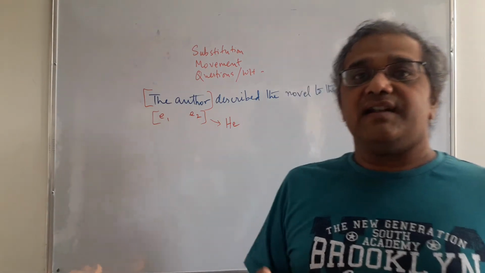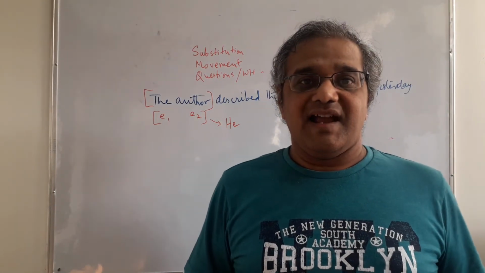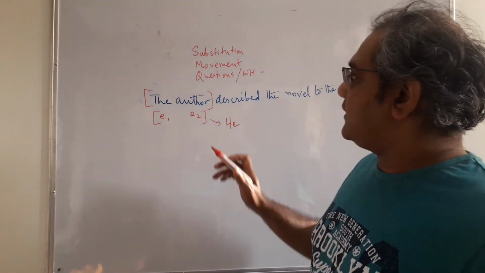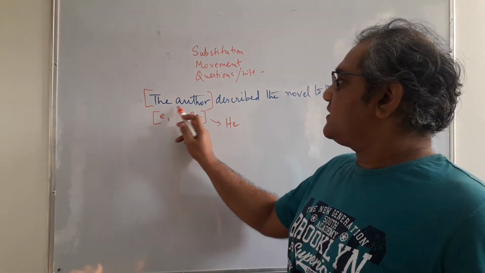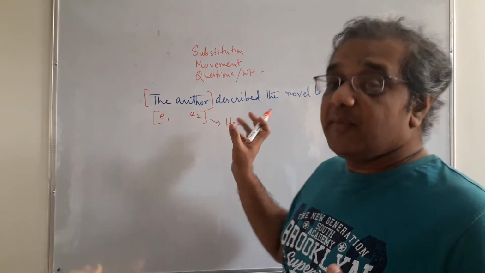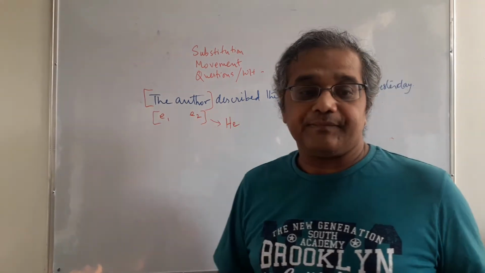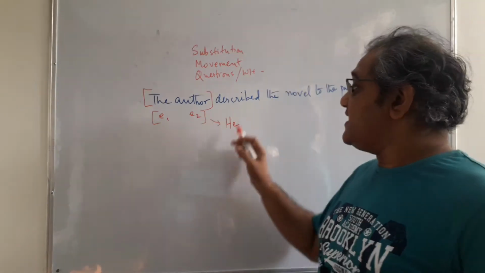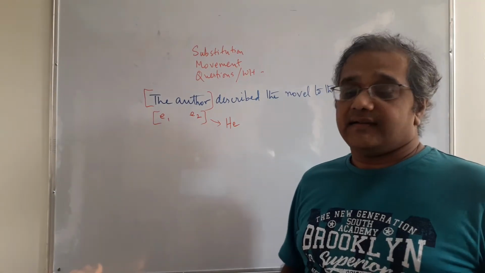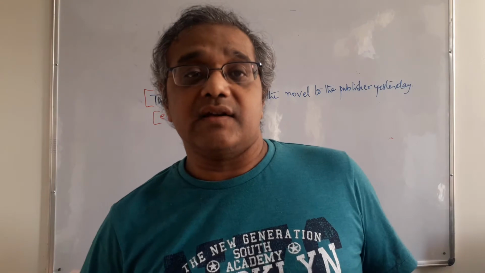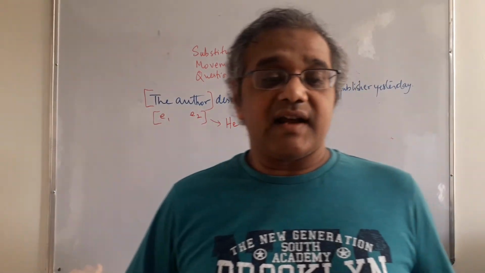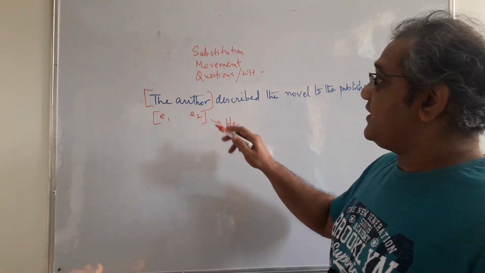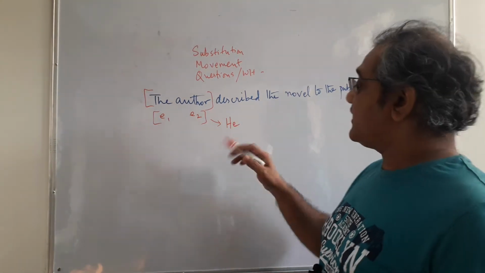It's perfectly understandable, perfectly grammatical and acceptable. Therefore we will say that this constituent, the E1, E2 combination, the author, which is replaceable by he, is a constituent.